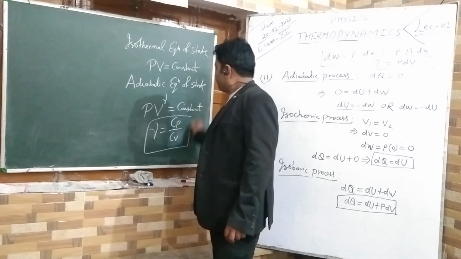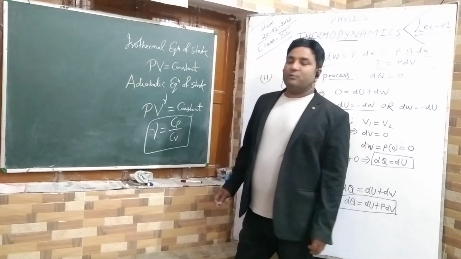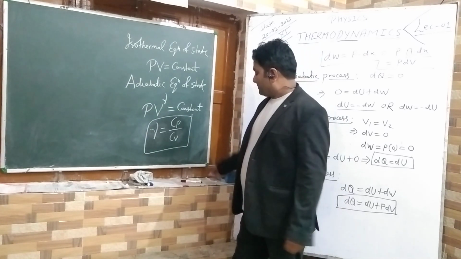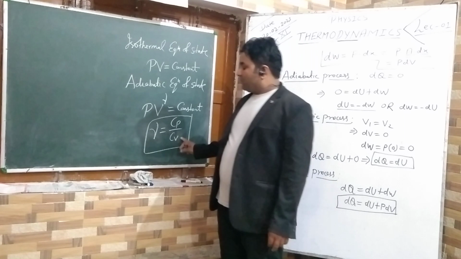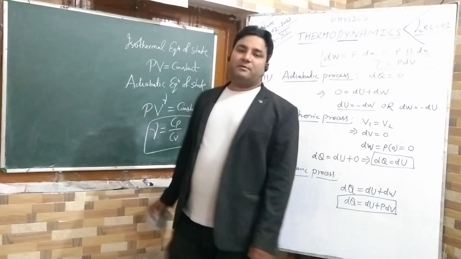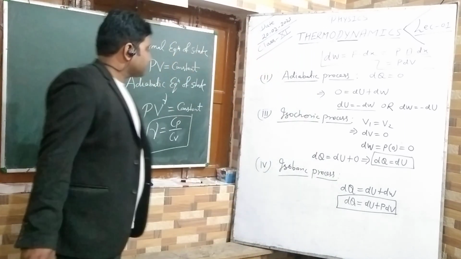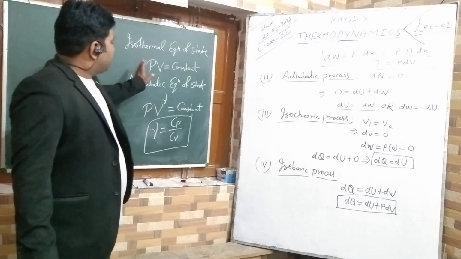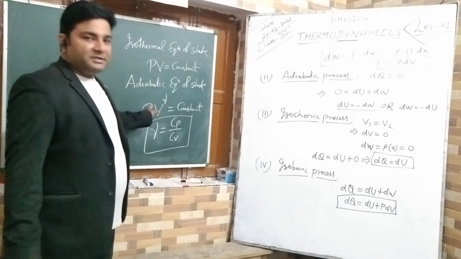Here this Cp is the molar specific heat at constant pressure, and Cv means molar specific heat at constant volume. Just note down all. We will discuss these two equations in detail.